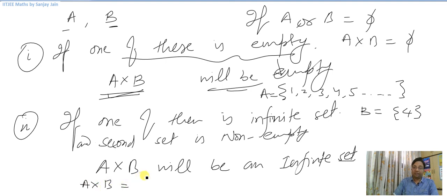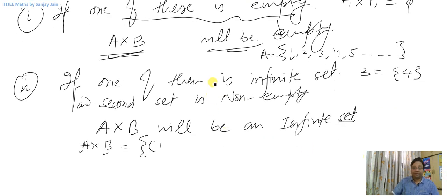Let us try and write some of the elements. So if I take the first element from here, because I know that I need to write an ordered pair where the first entry should be from set A and the second entry should be from set B when I'm writing A cross B. So 1 from here and 4 from the second set, right? 1 from the first set, that is set A, and 4 from B.